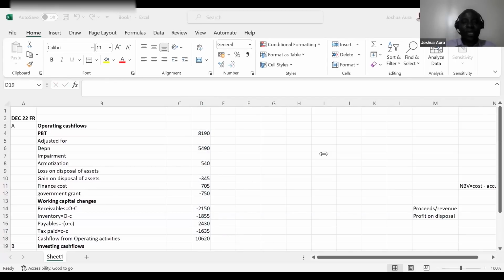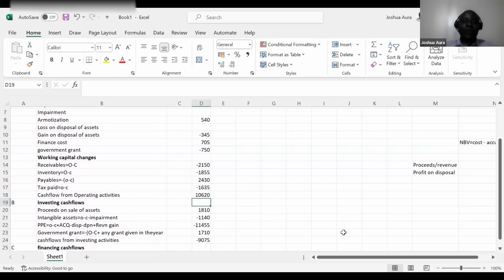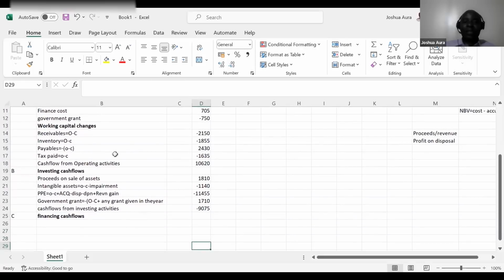So interest paid, remember, we have it here. Finance cost is here. Whatever you're telling me is to calculate this under the financing aspect. Remember there are two schools of thought. I agree with you, you could put this interest there, but nowadays interest paid comes under financing cash flows.